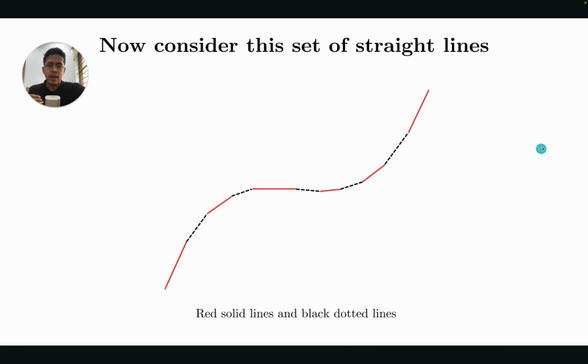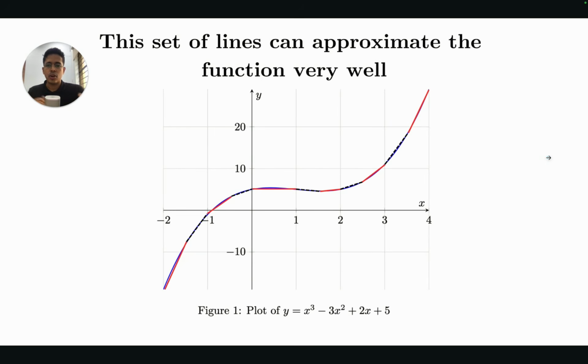And if we overlay this on top of the function that we saw earlier, we can see that these set of lines approximate the function very well, as if it's like a piecewise linear function. And the more such lines, or the more divisions to which we've chopped the x range of the function, the better and better this piecewise linear approximation will become. So this is obvious to see, and you can also already imagine this.